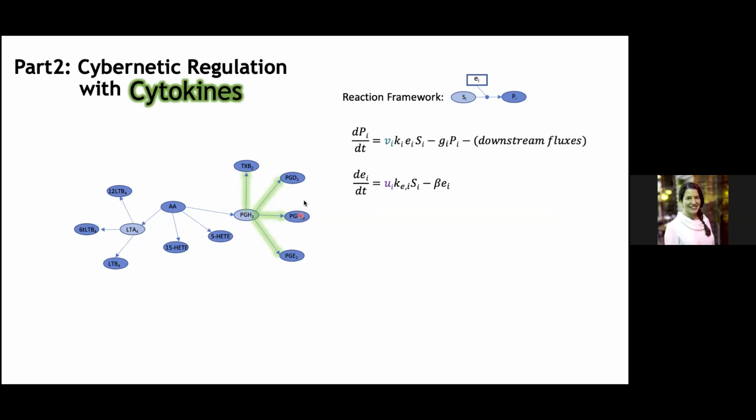In the branching that leads to downstream prostaglandin and thromboxane products, we again apply standard kinetics, but here we include the cybernetic regulatory variables, U and V. Again, for the branching that leads to the leukotrienes, we apply the cybernetic framework with these U and V variables as well, but this is going to be associated with a different objective.